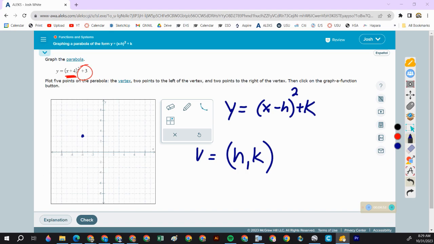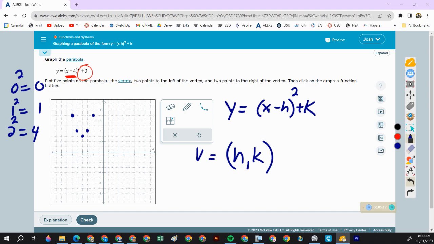Okay. And then the parabola is graphed by going over 1, up 1, over 1, up 1, and then over 2, up 4, over 2, up 4. The reason is 0 squared is 0, 1 squared is 1, and 2 squared is 4.